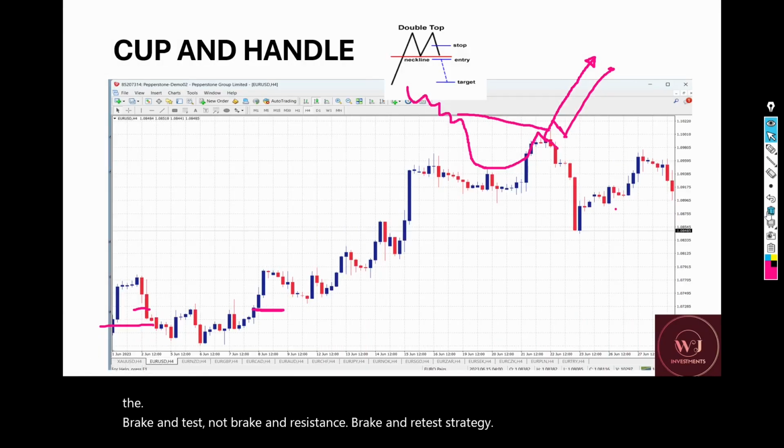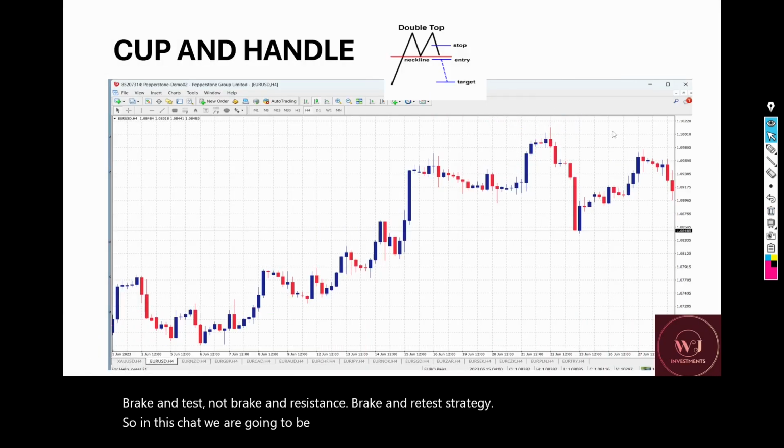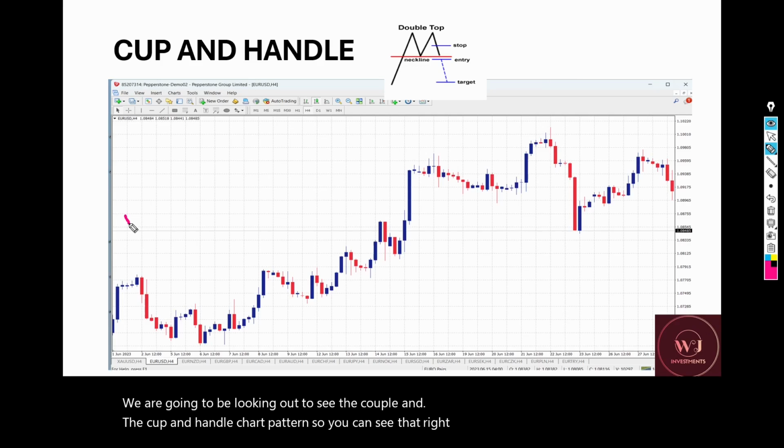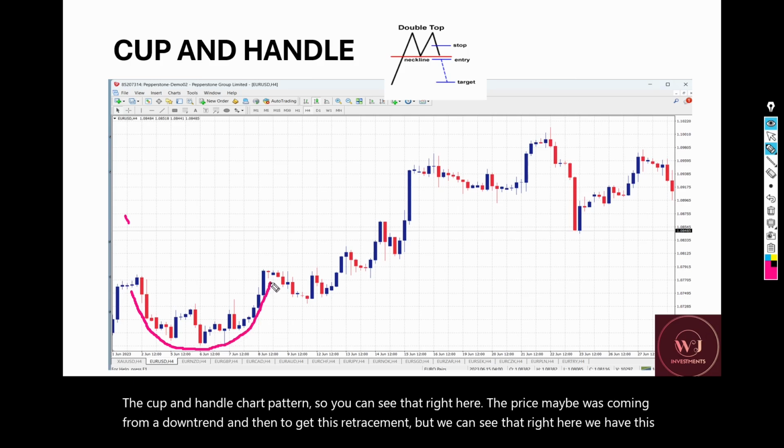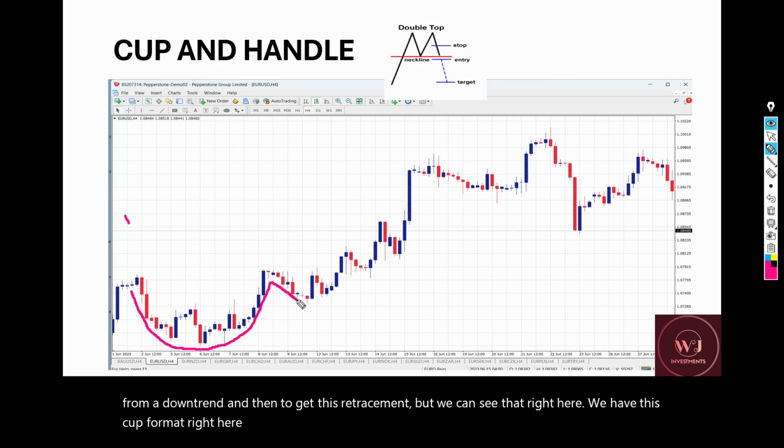So in this chart, we are going to be looking to spot the cup and handle chart pattern. So you can see that right here, the price maybe was coming from a downtrend and then it got this retracement. But we can see that right here, we have this cup format, and then followed by its handle.